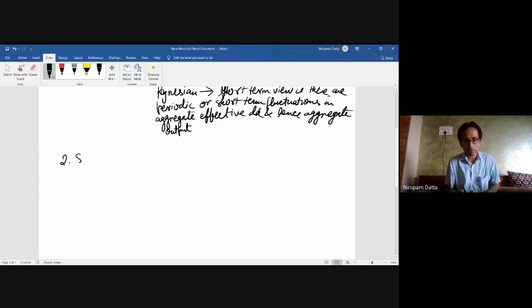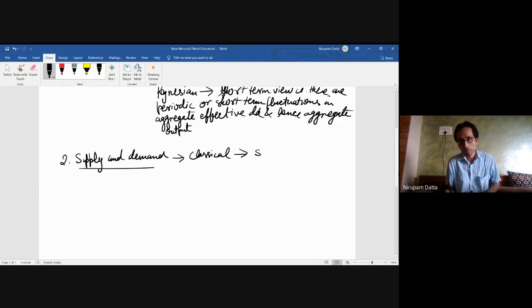Secondly, the second difference is supply and demand. So classical theory is basically a supply side theory. What does it say? It says that output is a function of the level of technology and the level of full employment. That is the employment level at which market demand for labor and market supply for labor clear out.